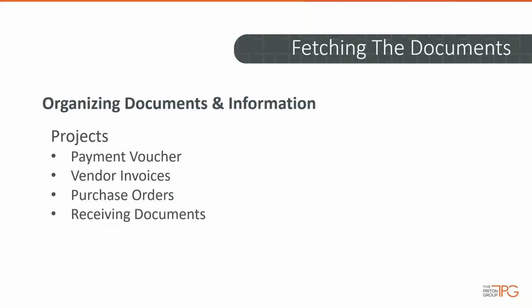Now that we've discussed where the data and the documents reside and how they're organized, let's look at how we build the review solution by fetching and consolidating the voucher and all of the documents associated with it.